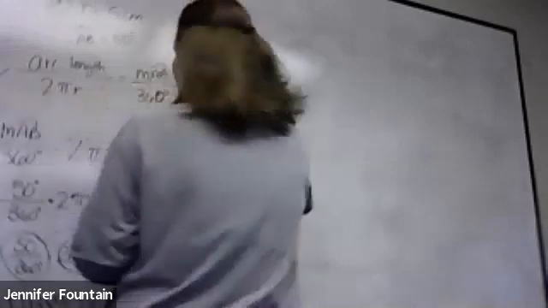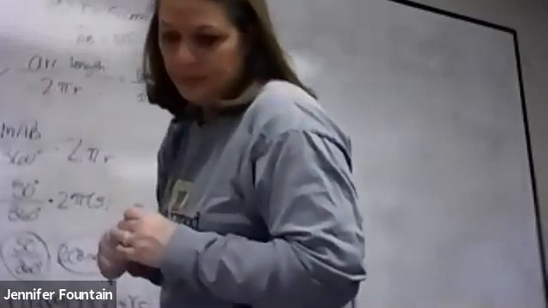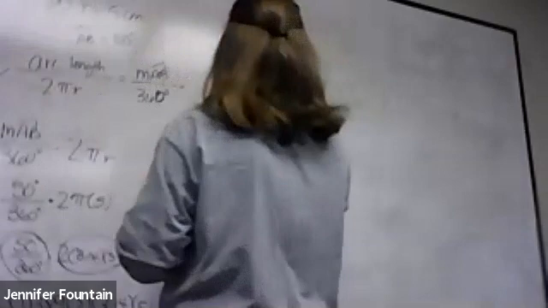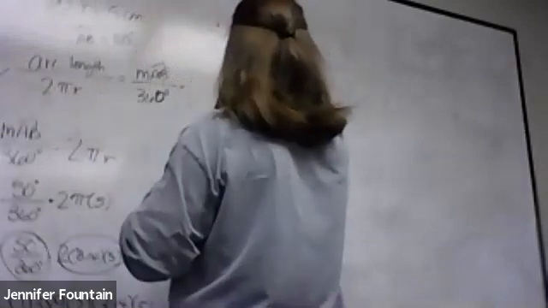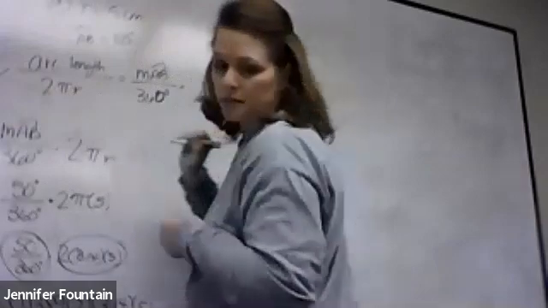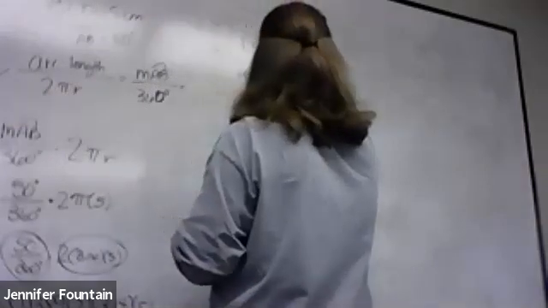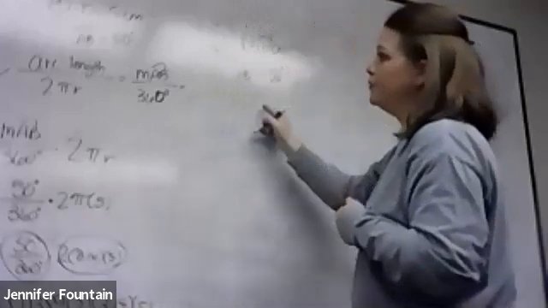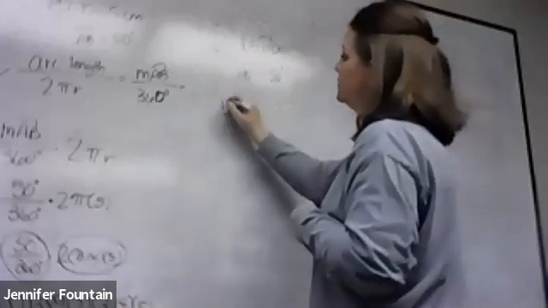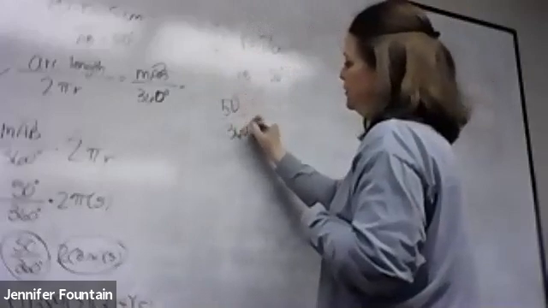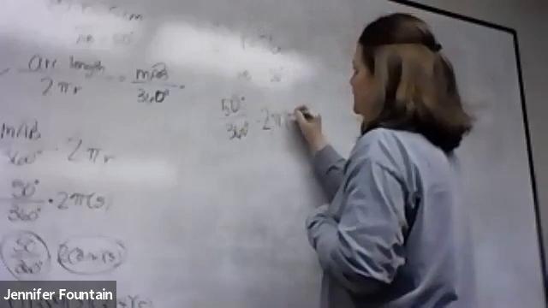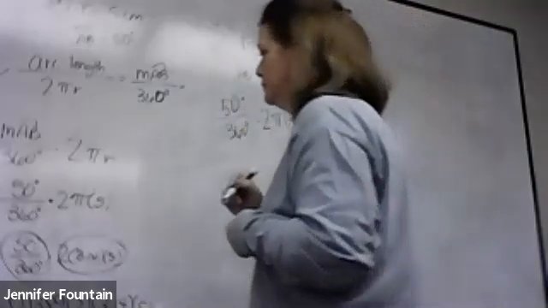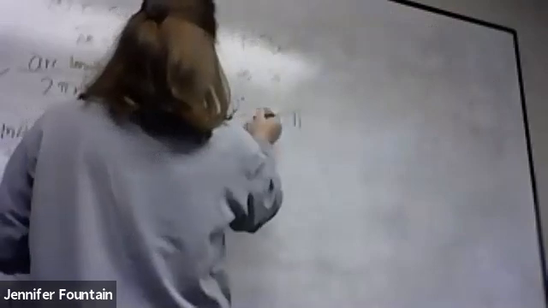Let's look at B. What information do I know? All right, we have a radius of 7 centimeters. What do I know the measure of my arc is? C is equal to 50 degrees. So I'm going to set it up where I have my arc, which is 50 over 360 is equal to 2 times pi times 7. Oops, that has to be times.